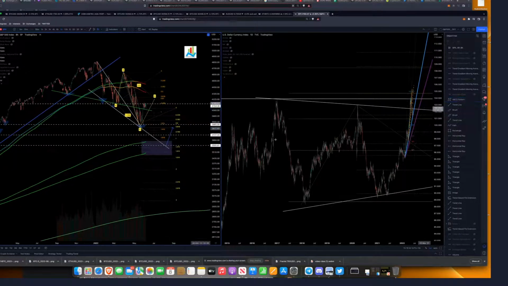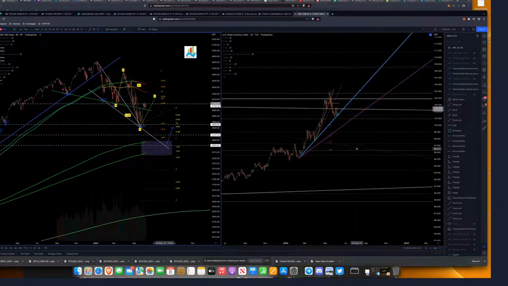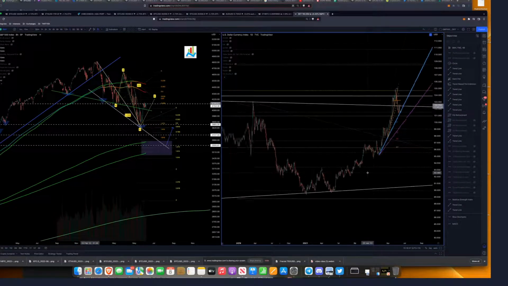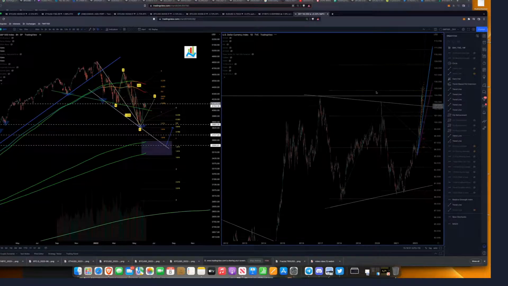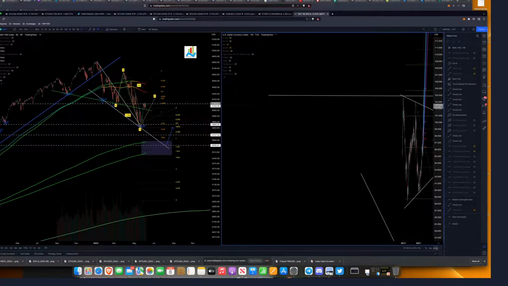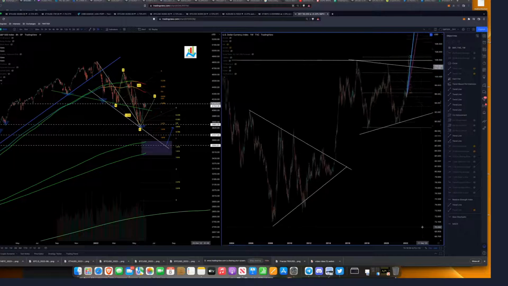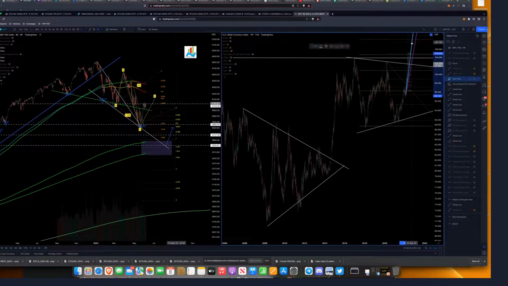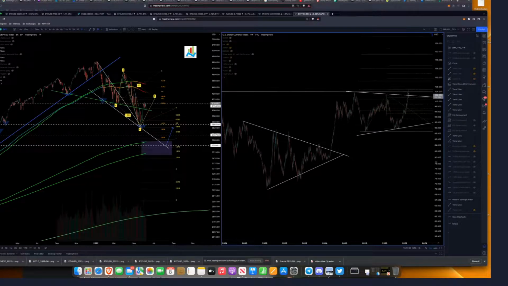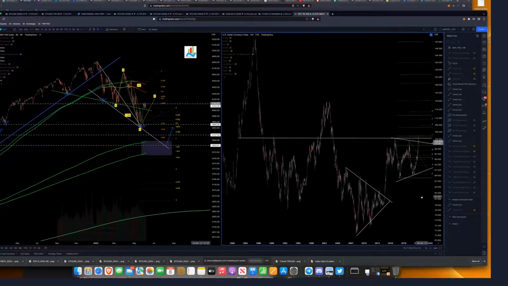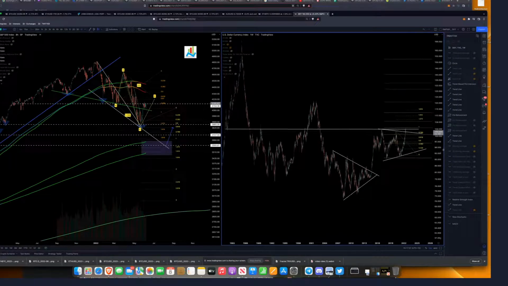That's what I'm thinking. The US dollar, I've talked about extensively. On the US dollar on the weekly, what we have is an upward momentum.